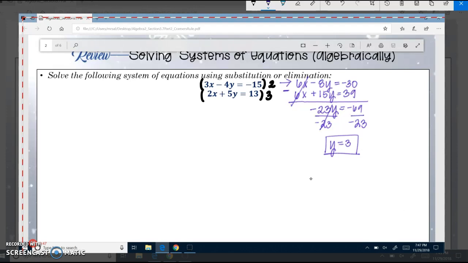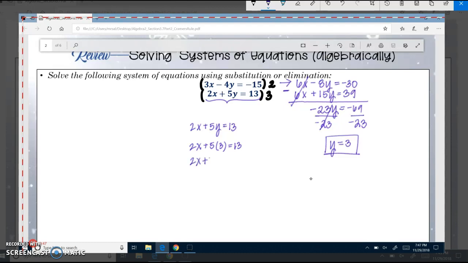Then I need to go ahead and solve for my x term. So I'm going to pick to solve for x using this equation here, just because it's the one with the smallest possible coefficients. So here I'll have 2x plus 5y equals 13. So in place of y, I can substitute in that 3 that I found. So I've got 5 times 3 here. That's equal to 13.